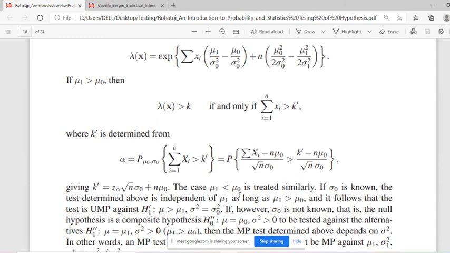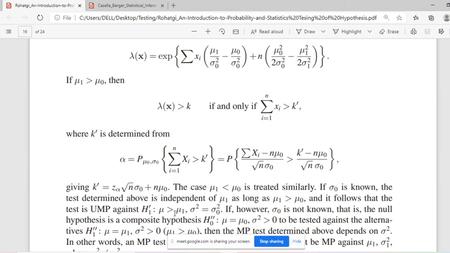And you know that since this critical region, or test function, is not dependent upon mu1, whether this is less than mu0 or greater than mu0, the test function is not depending upon mu1. So we can use this test for any number greater than mu1, any number greater than mu1.